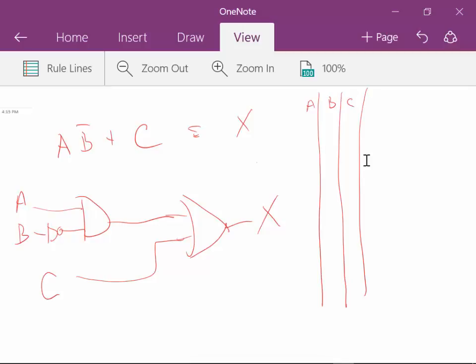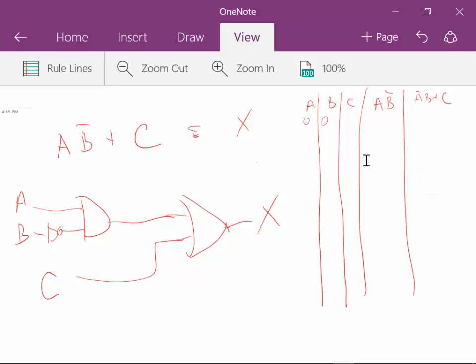I'm going to put over here A, B-not, and we're going to analyze that first. And then we're going to do A B-not plus C. The reason I'm going to do this is because it's a little simpler to analyze this one by itself instead of the whole thing.